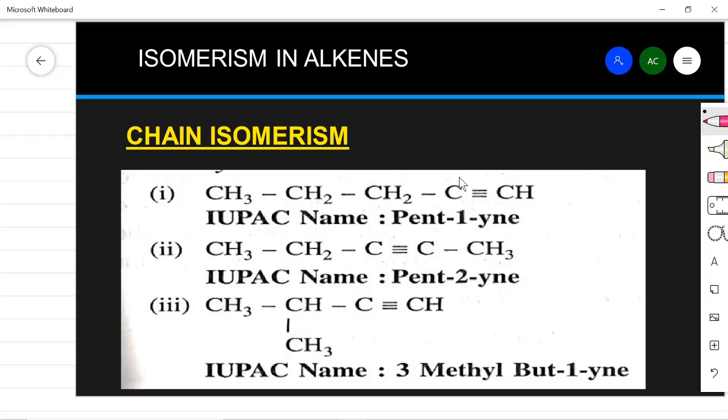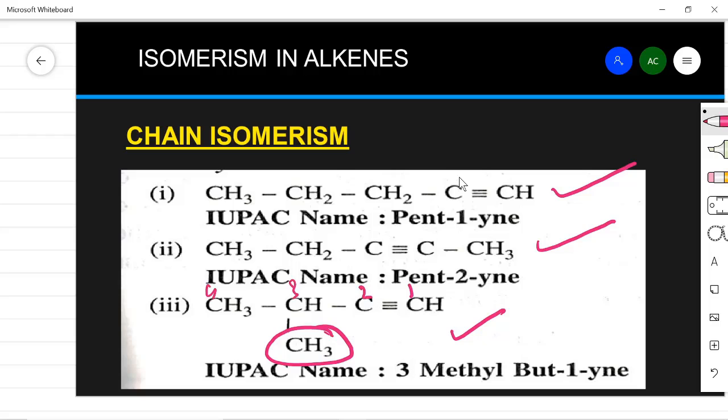Then comes the next, that is chain isomerism. Here you can see this is the straight chain. With 5 carbons, a triple bond on 1 gives pent-1-yne, and on 2 gives pent-2-yne. But suppose 1 carbon goes down like this in a branch chain, then there will be a methyl group here. 1 will be this carbon, 2 will be this, 3 will be this, and 4 will be this.